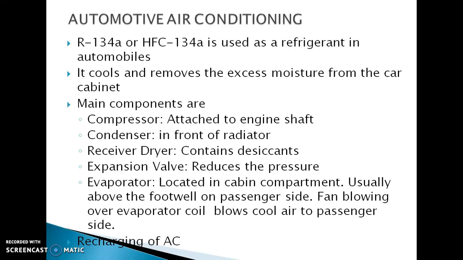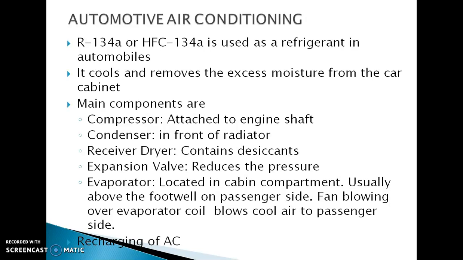The main components of the automotive air conditioning system are the compressor, which is attached to an engine shaft, the condenser in front of the radiator, and the receiver dryer, which contains desiccants. Desiccants are the components which absorb the excess moisture from the refrigerant.